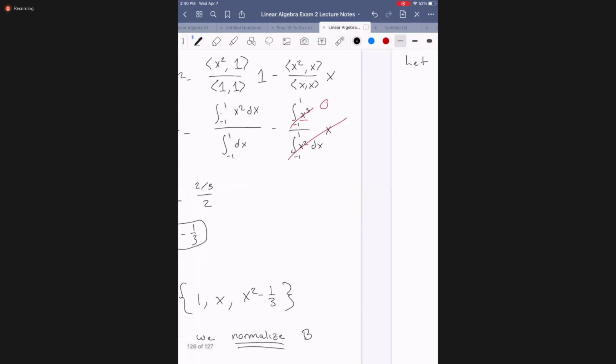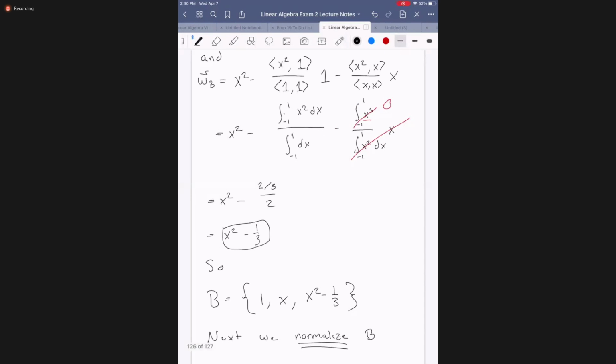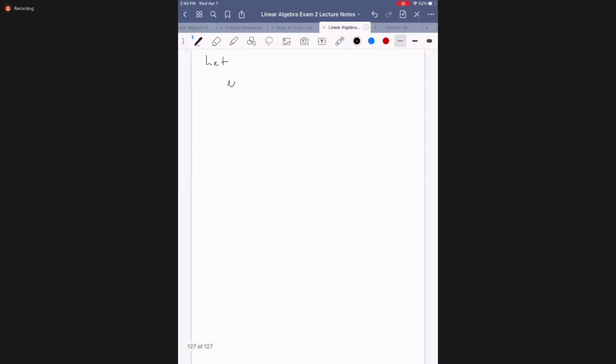Let U1 equal W1 over the norm of W1, U2 equal W2 over the norm of W2, and then U3 equal W3 over the norm of W3, right?